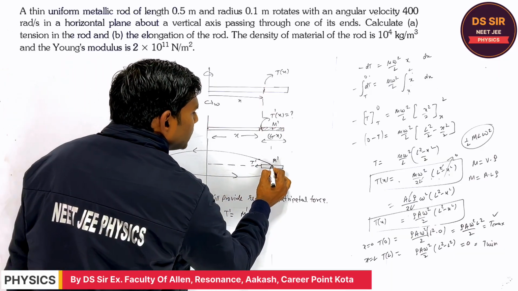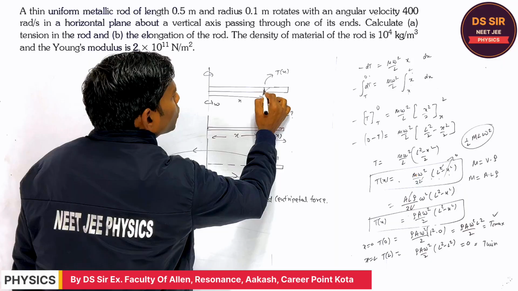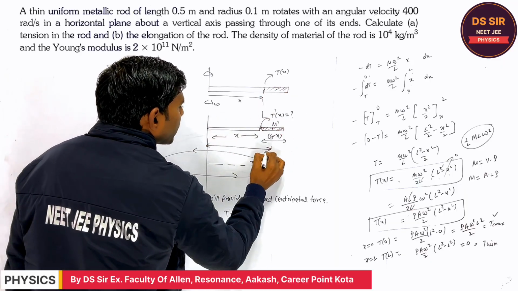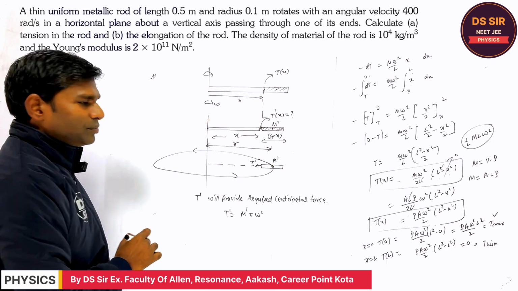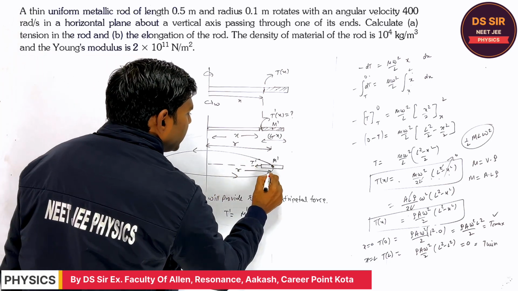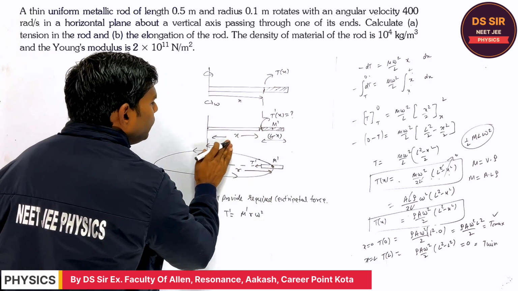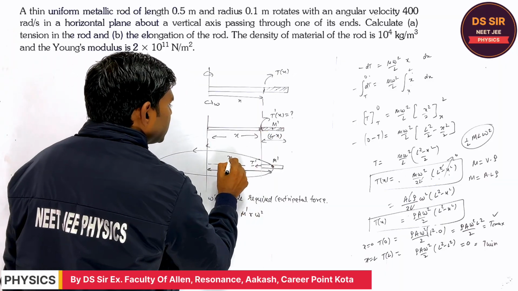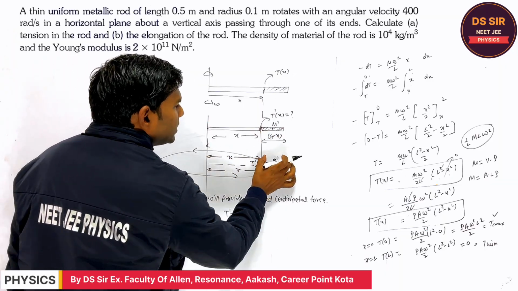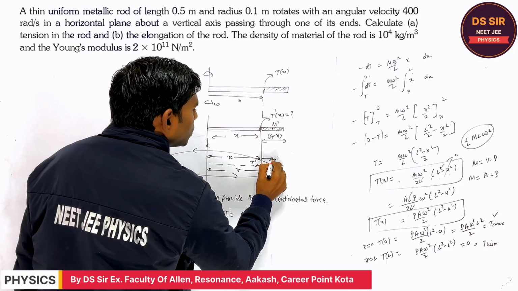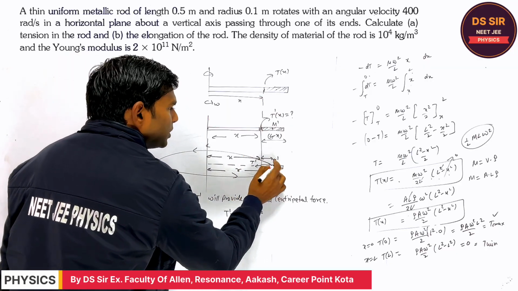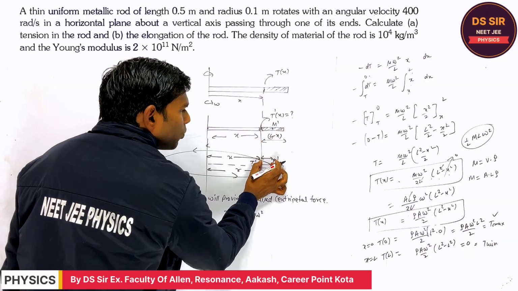What is the r? The center of mass of this portion m dash will be at the radius. So what is this radius? Can you find? Yes, we can find. Up to this, the distance is x, and this distance is L minus x. This is the center of mass of m dash, so if it is L minus x, what is this distance?